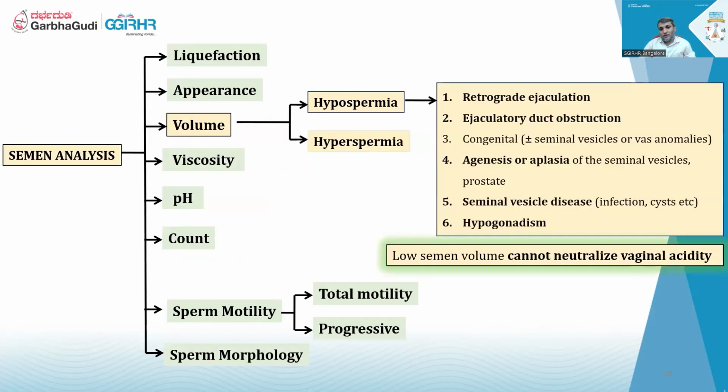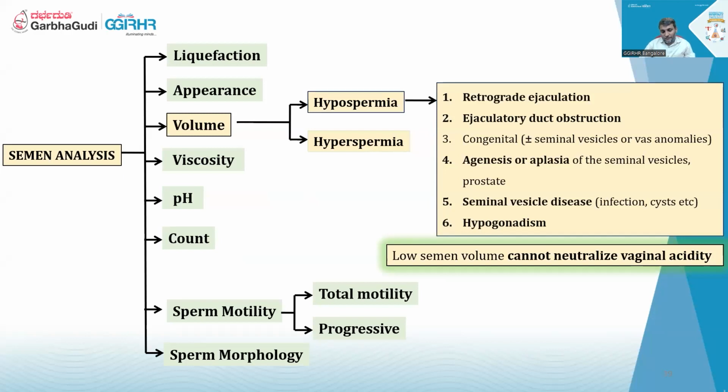Now, what are the causes for hypospermia, decreased volume? It can be retrograde ejaculation. Retrograde means the semen sample is not coming out through the penis, it is going to the urinary bladder. And it can be due to obstruction also.